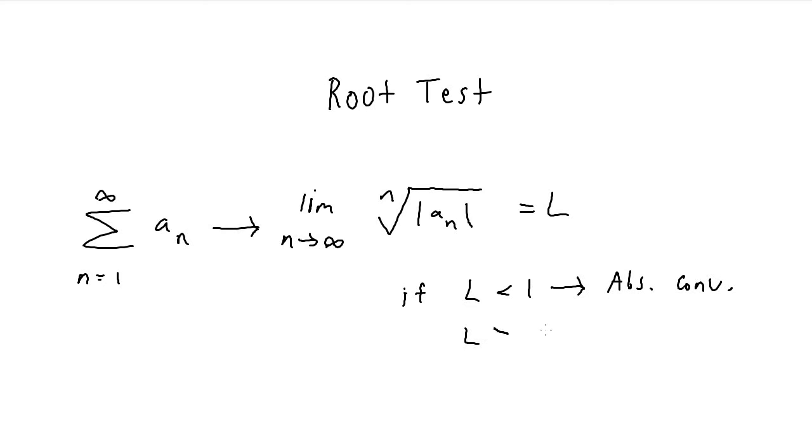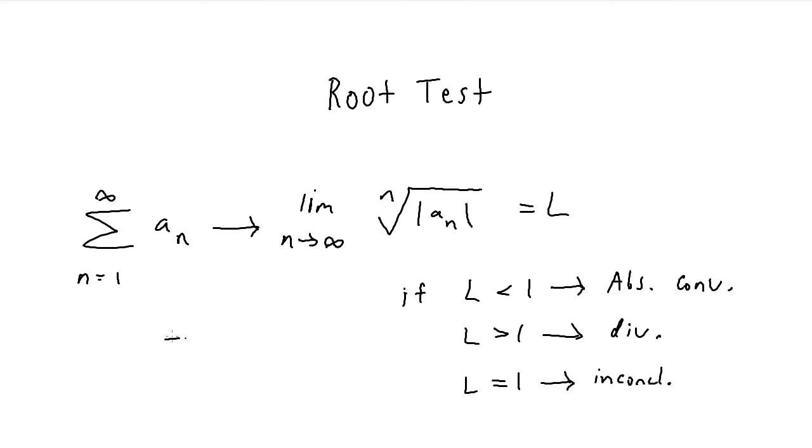If L is greater than 1, obviously the series is divergent. And if L is exactly equal to 1, then it is inconclusive, and we need to try another test. And once again, when we're talking about the absolute value of a sub n, we're just going to take away the alternator if there is one in the series.